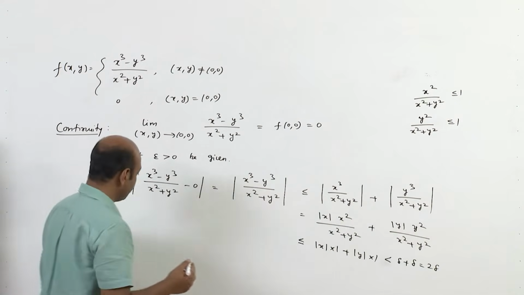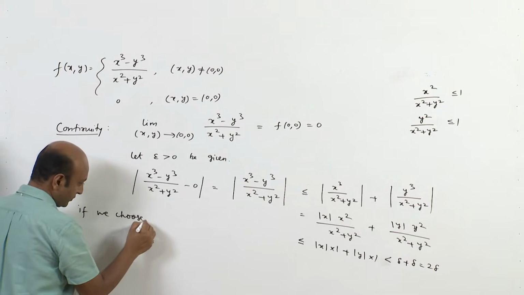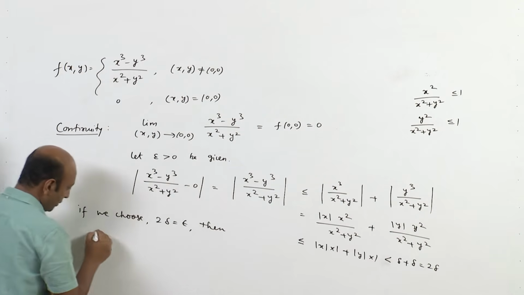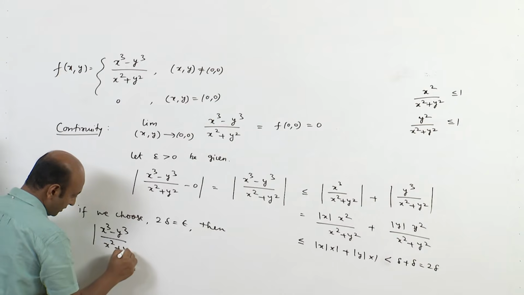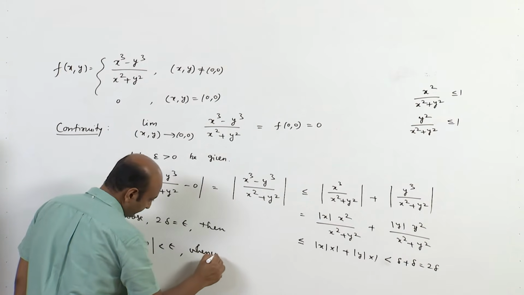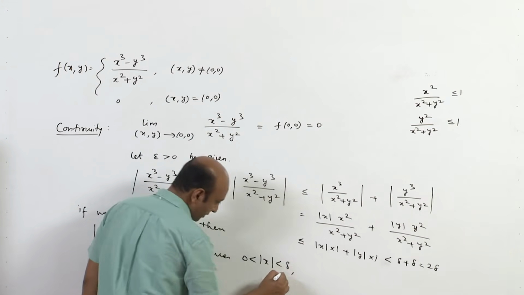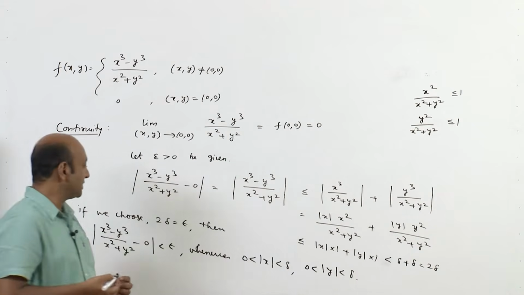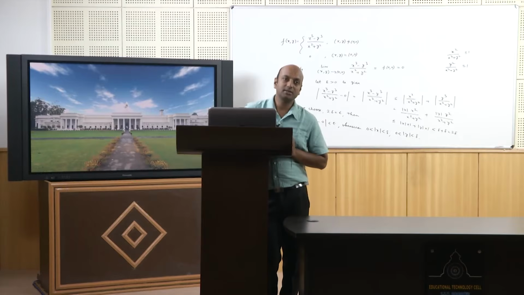So, if we choose 2 delta equal to epsilon, then mod of (x cube minus y cube) upon (x square plus y square) minus 0 will be less than epsilon whenever 0 less than mod x less than delta and 0 less than mod y less than delta. So, in this way we have shown that this function is continuous at (0, 0).